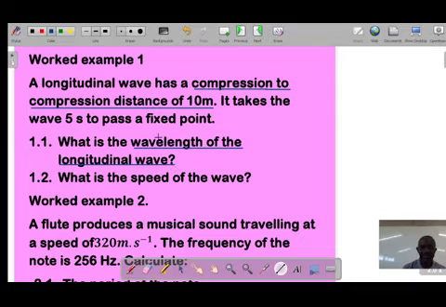Okay, now let us see how we get the answer here. They said from one compression to another compression, 10 meters. I'm going to try to draw this wave here.